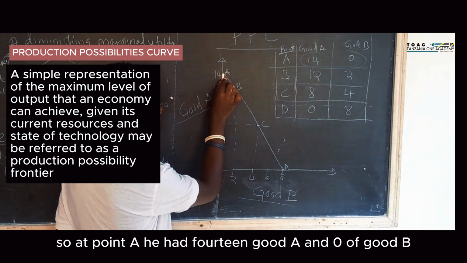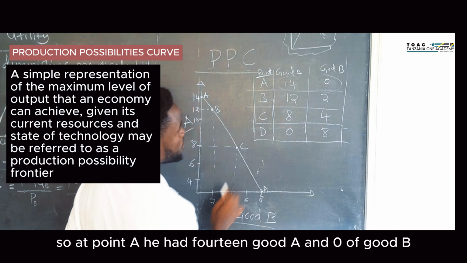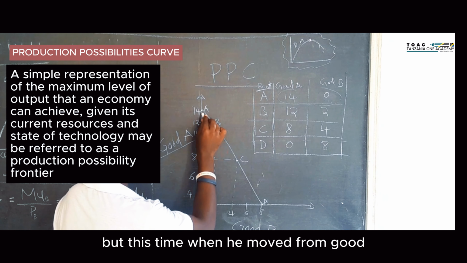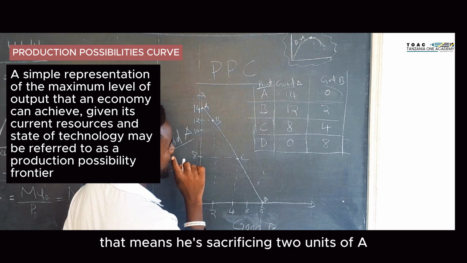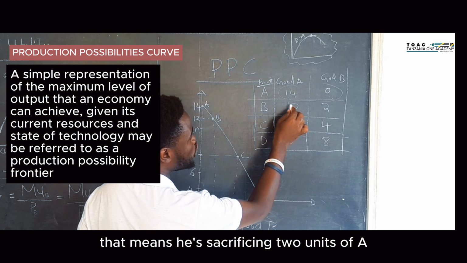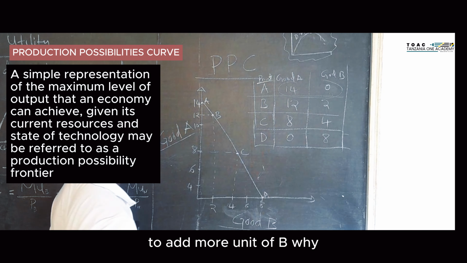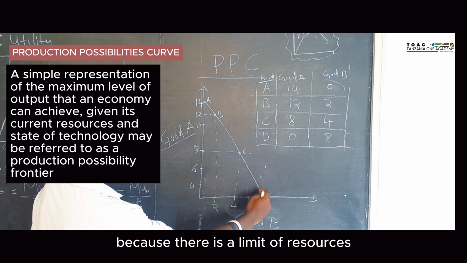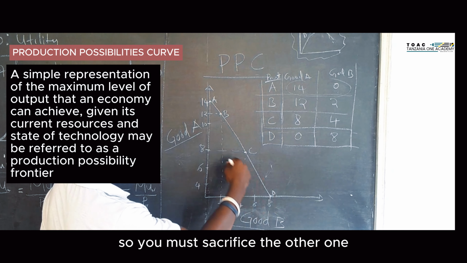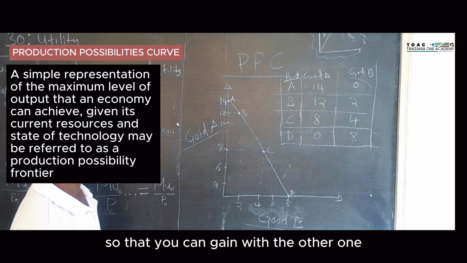At point A, he had 14 good A and 0 of good B. But when he moved from point A to point B, he's sacrificing 2 units of A to add more units of B. Why? Because there is a limit of resources.